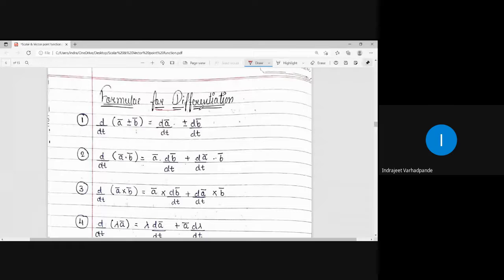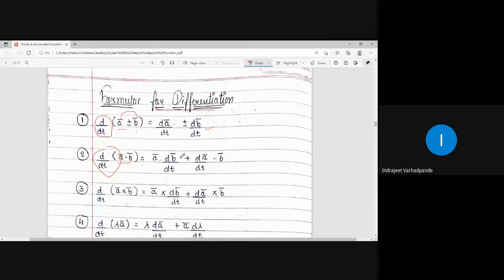So what are the different formulae for differentiation? Suppose there is a combination of A bar and B bar. A bar plus minus B bar, its derivative is taken with respect to the time parameter t. It will be given as dA upon dt plus minus dB upon dt. A bar dot B bar, dot product of two vectors, and derivative is taken.